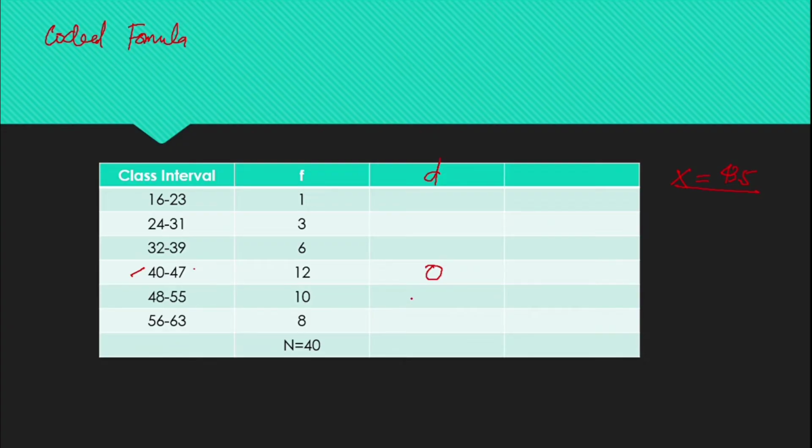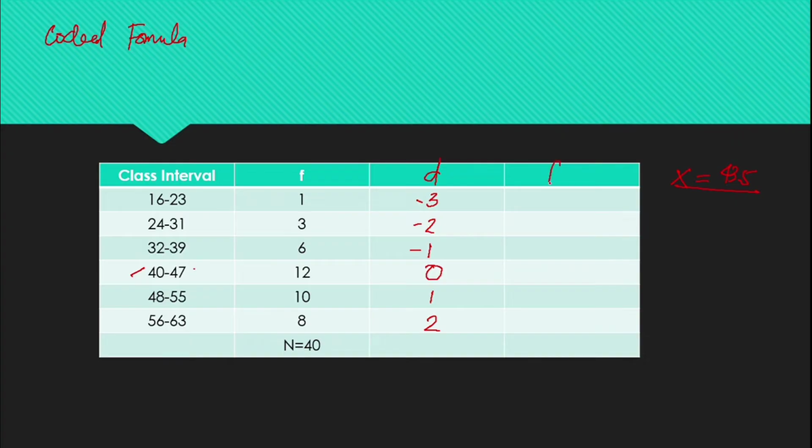So this is larger than the interval: 1 and 2. And for those smaller than the class interval, we name them -1, -2, and -3, and so on.